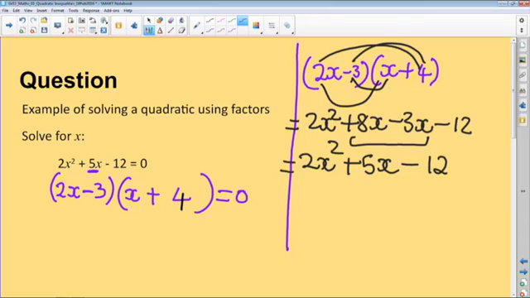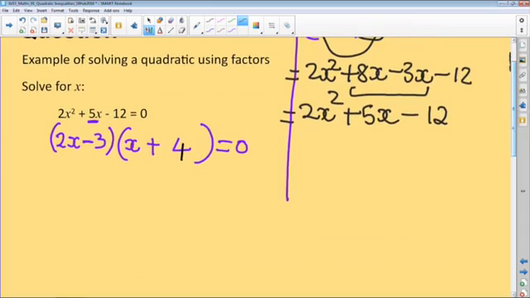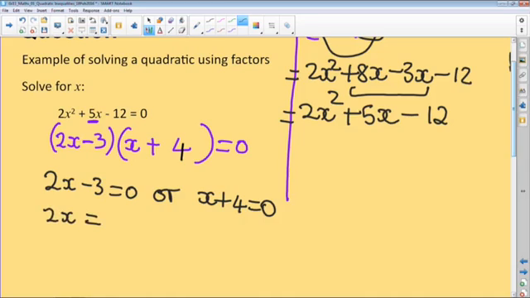Now, if we continue by solving this equation, we have a 2x minus 3 and an x plus 4. What does this mean, okay? You can either have 2x minus 3 equals to 0 or x plus 4 equals to 0, right? Now we work it out. Your 2x equals 3.